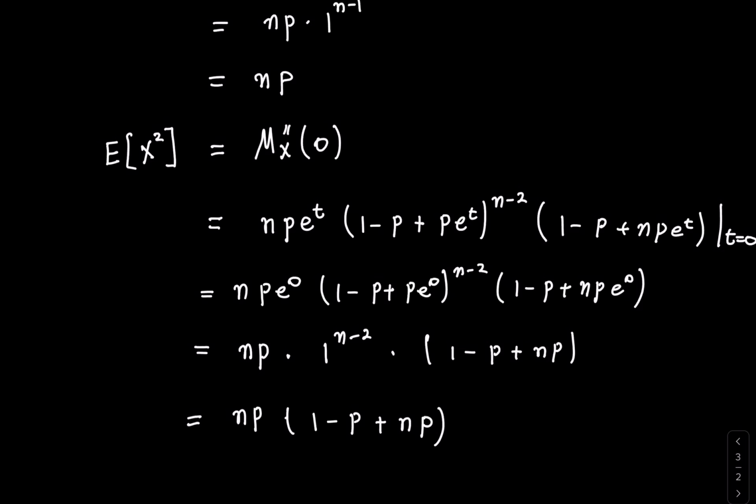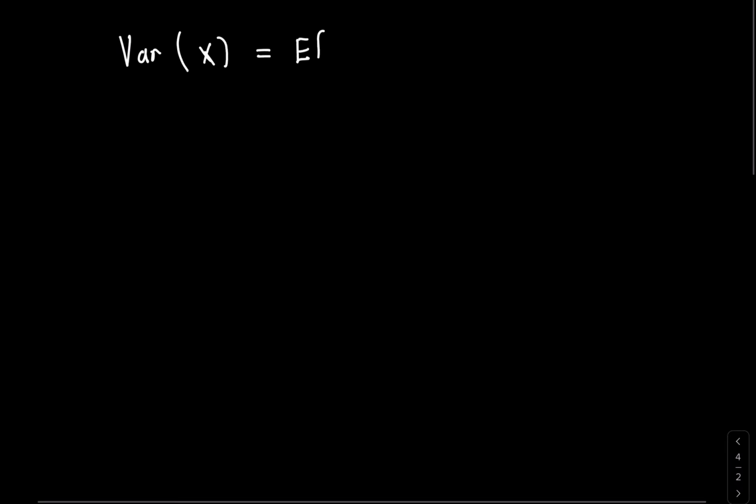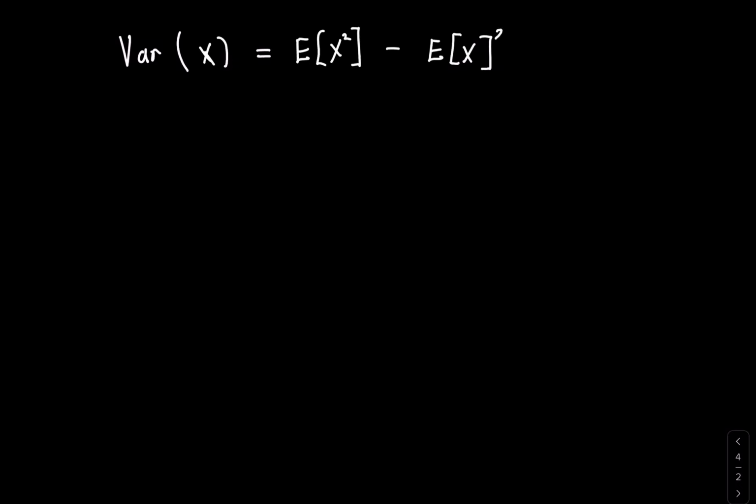We've evaluated the second moment, so let's just finally do the final moment, or the variance, I should say, not the final moment, but the variance. Recall that the variance of x is equal to the expected value of x squared minus the expected value of x, squared.